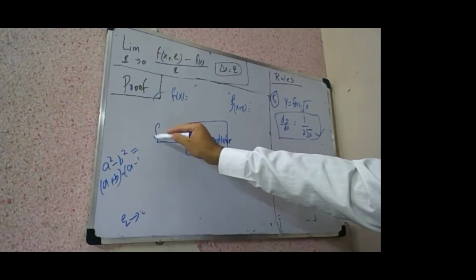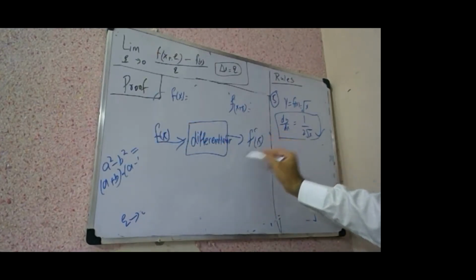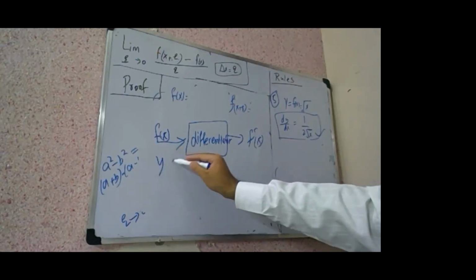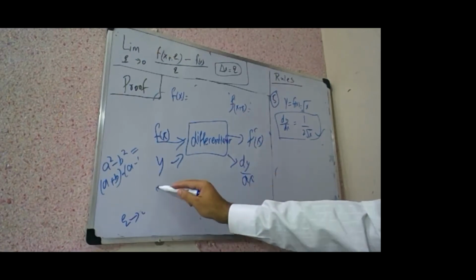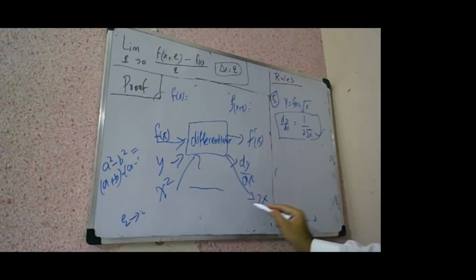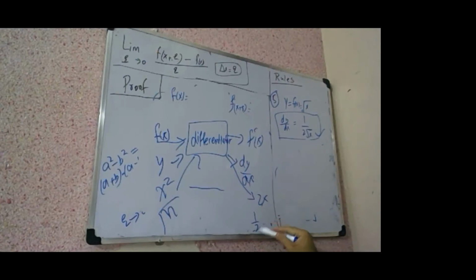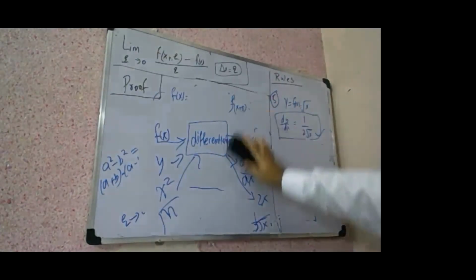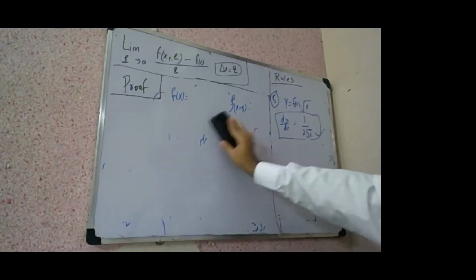I put function of x here, and it gives me f prime x. So I put y here, it gives me dy by dx. I put x square here, it gives me 2x. I give a root x here, it gives me 1 by 2 root x. So do you understand this? That's how it works. Just consider that it's a machine where we put different functions and the output will be in different formats.